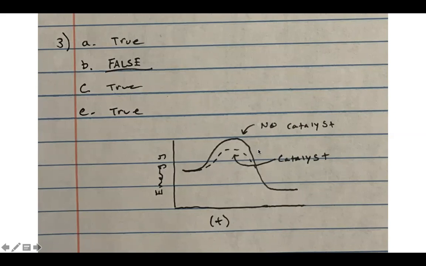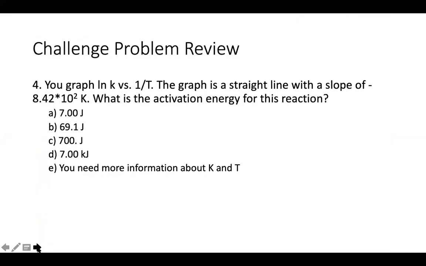So that's why B is false. Catalysts don't affect state variables, which would be like change in enthalpy, change in Gibbs free energy, which we'll talk about in a couple chapters. But of state functions, you're probably most familiar with change in enthalpy, our delta H from last semester.